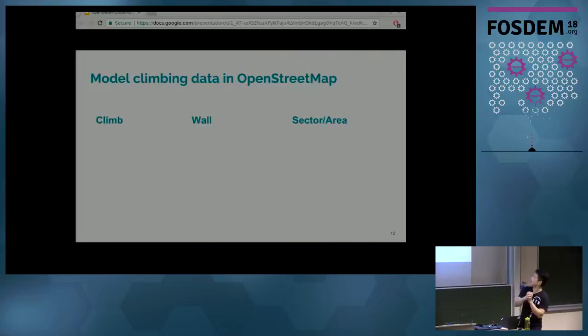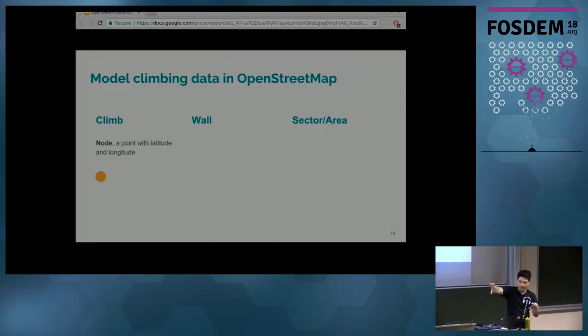So let's get back to OpenStreetMap. I need to define the climb, the wall, and then the sector. So the climb, self-explanatory. I use the OpenStreetMap node object, which is a single point. Keep in mind, there's a proposal in OpenStreetMap where people suggest that I mark the start of the climb and the end of the climb.